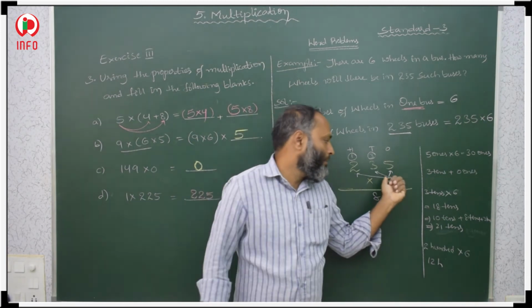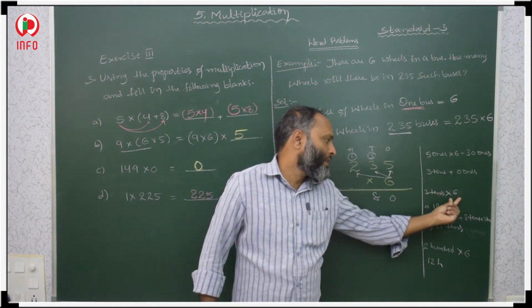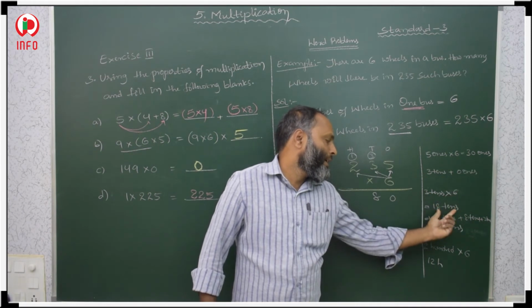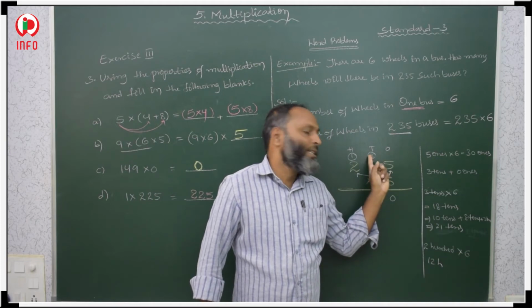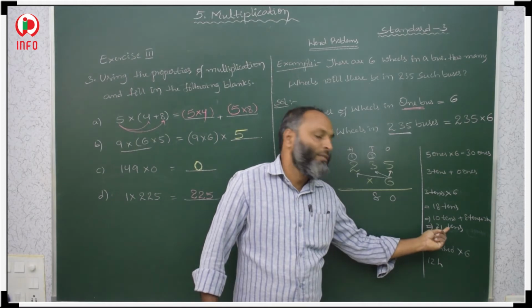First we have to multiply 3 tens with 6. 3 6s are 18 tens. Here we have 18 tens, but there are 3 tens carried over, so that we have to add. So that is 21 tens.